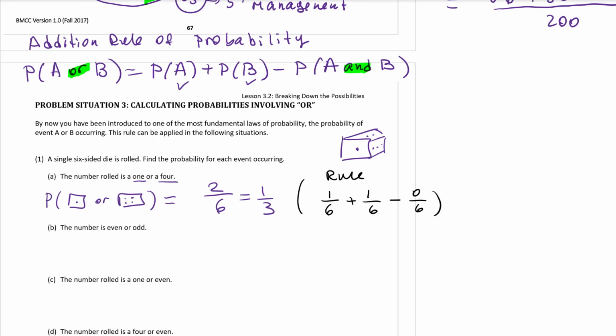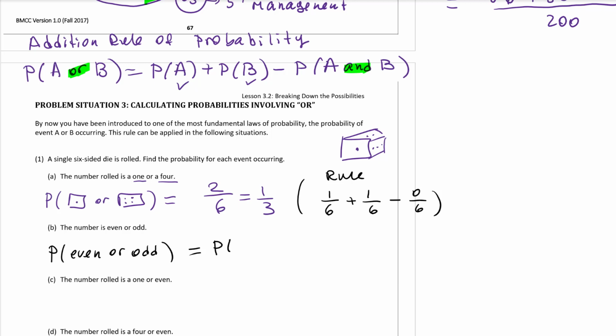All right, let me give you another one and give you a chance to answer that. It says, what's the probability that the number is even or odd? What would that be? I'll give you a moment to answer it. Well, if we count our probabilities, half of the numbers are even and half are odd.